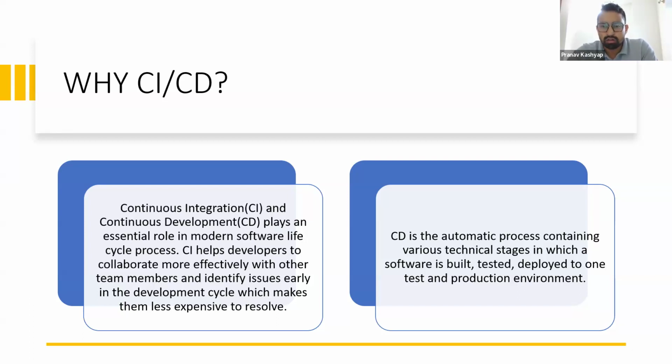And CD is the automatic process containing various technical stages in which software is built, tested, and deployed to one test and production environment. So for example, when we are talking about CD, you can think about GitHub, you can think about TFS, SVN, any of the repositories that you are thinking of, this is applicable here.